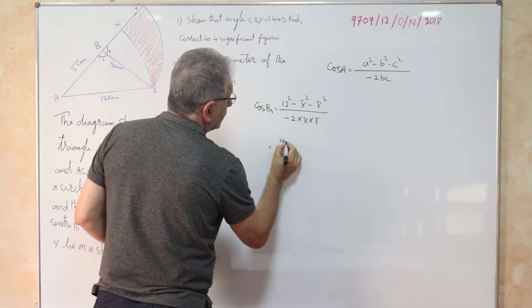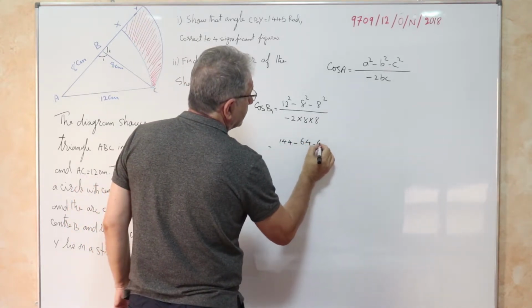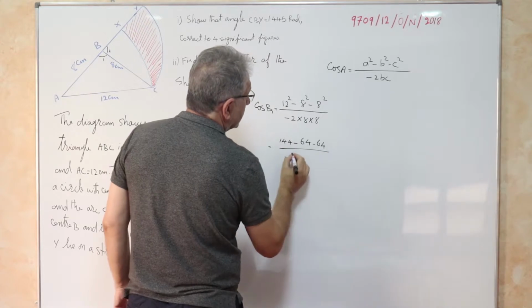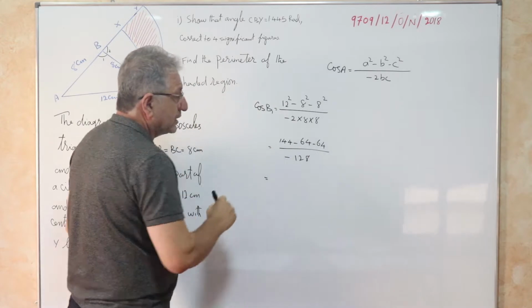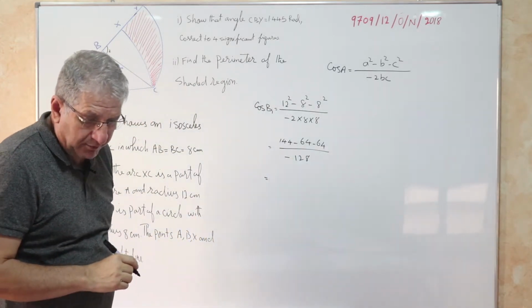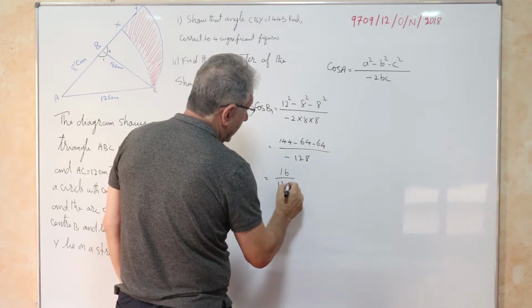Therefore this is 144 minus 64 minus 64, divided by negative 128. You can simplify this and you are going to get the value 16 over negative 128.